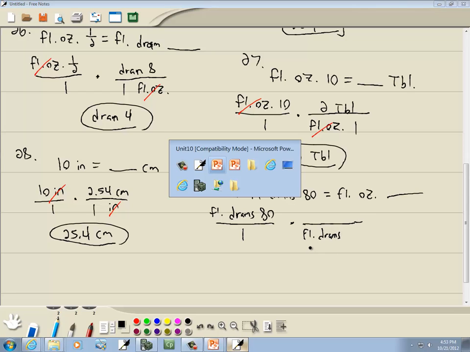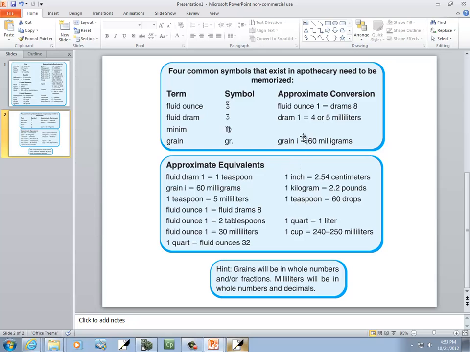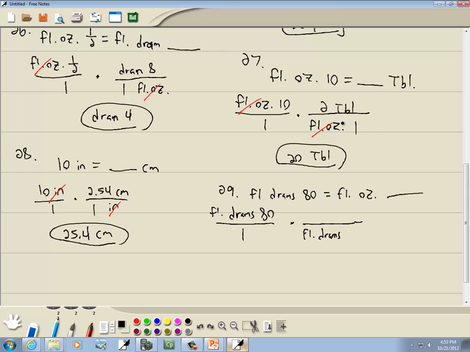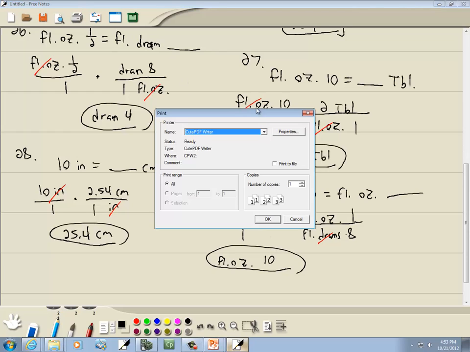So let's go see what we have. One fluid ounce is 8 drams. So 8 drams is 1 fluid ounce. Okay, so those fluid drams cancel there. 80 divided by 8 is 10. So we got 10 fluid ounces. Let me save that.